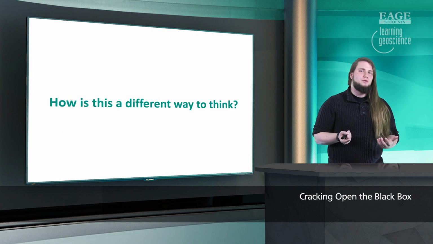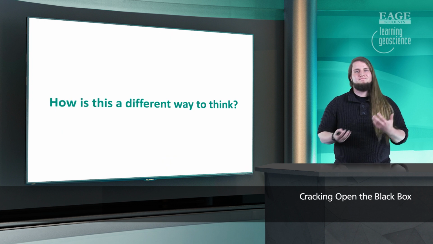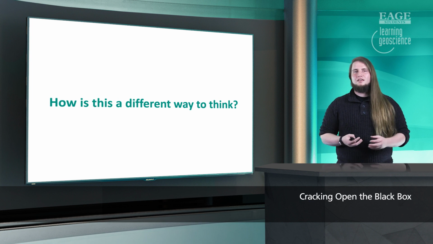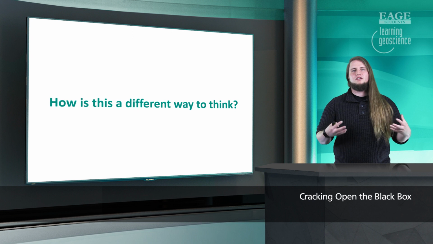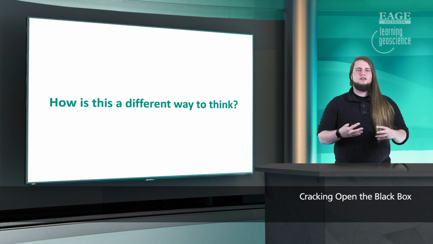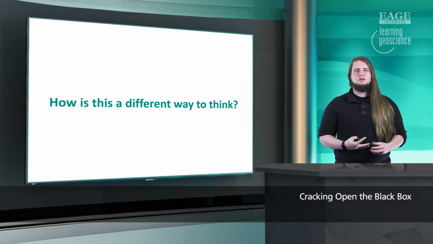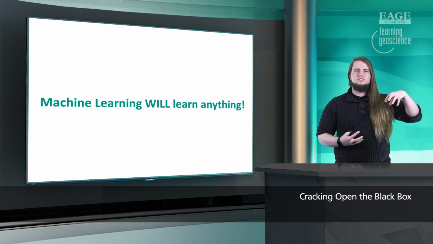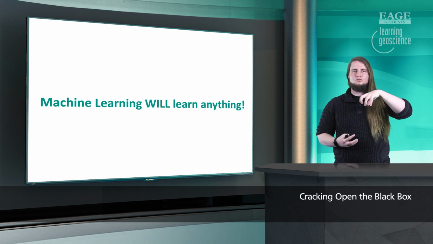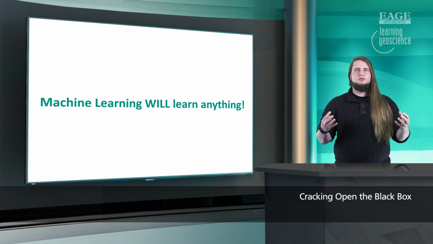How is this a different way to think, you might ask? I think you have to be aware of what you're putting into your machine learning model. Machine learning will learn anything. There's a really cool example where they're teaching a little robot spider to walk. And at some point, they're wondering, okay, what happens?